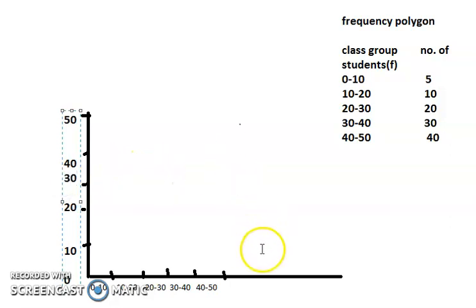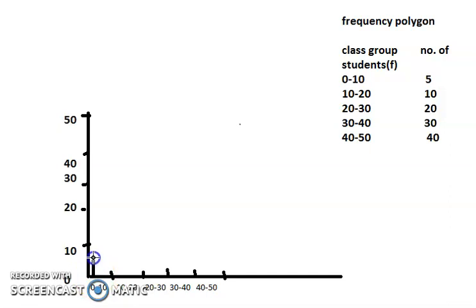Okay. Now we need to draw the bar diagram. Suppose the first one is the 0 to 10 class group. What is the number? 5. So I need to draw 5 only. While plotting the bar, you need to remember that we will leave some space from this side as well as from this side. Suppose I leave 0.2 or 0.1.